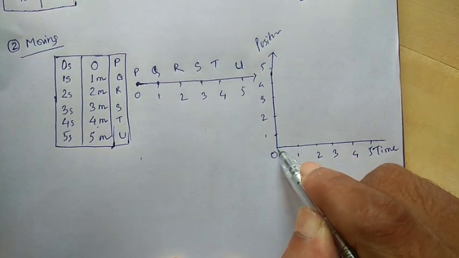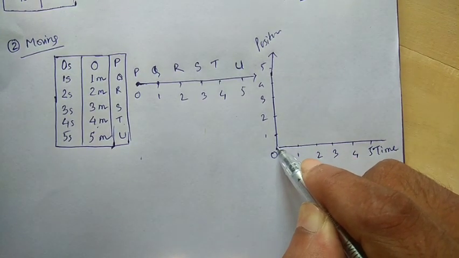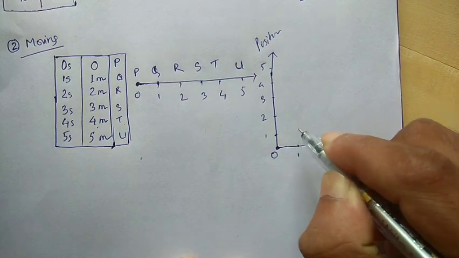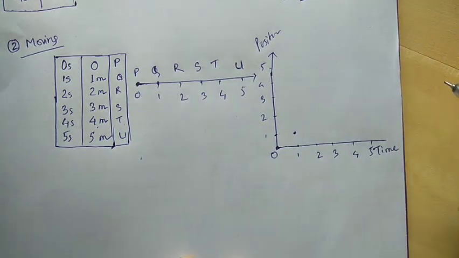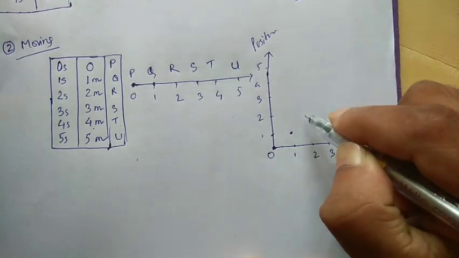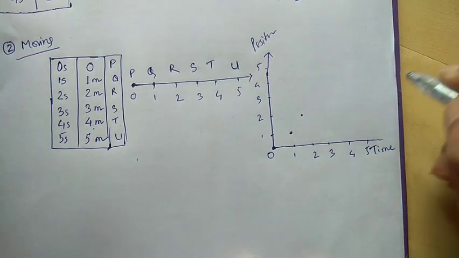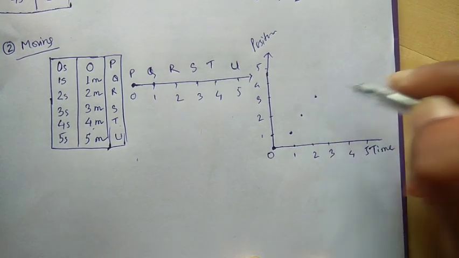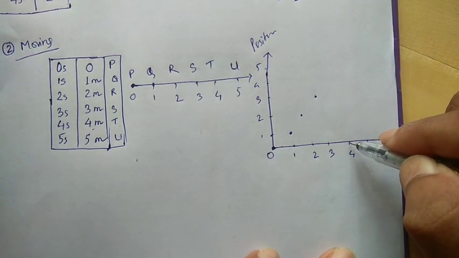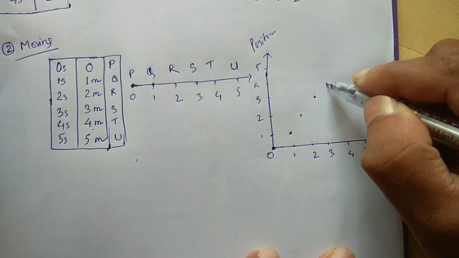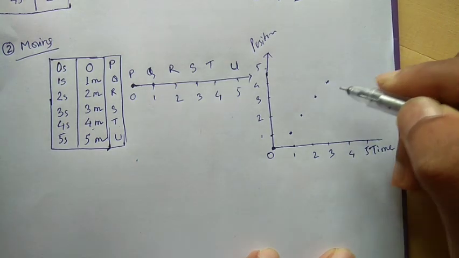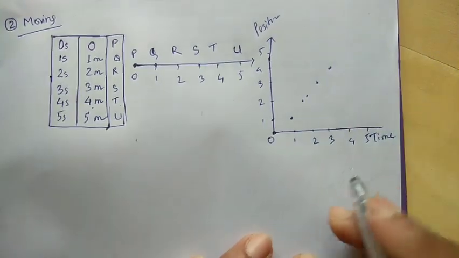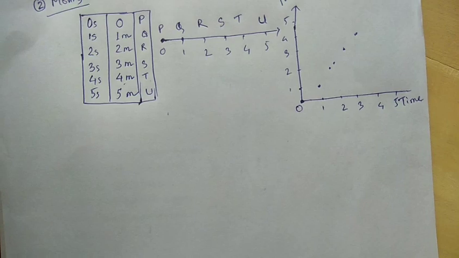So in 0 second the body is at 0. In 1 second the body is at 1 meter. In 2 seconds, the body is at 2 meter. In 3 seconds, at 3 meter. In 4 seconds, at 4 meter. Sorry, I made a mistake while drawing your points, so I am drawing it again.